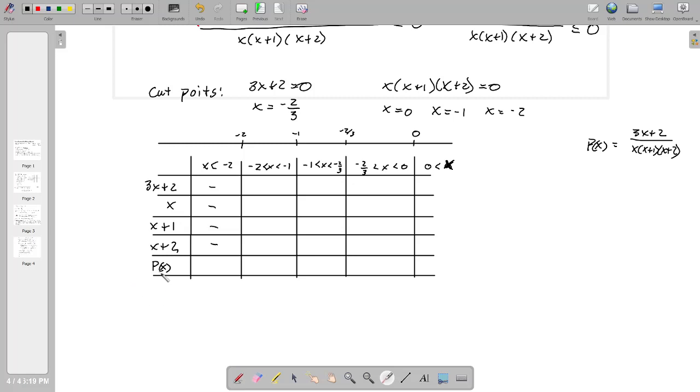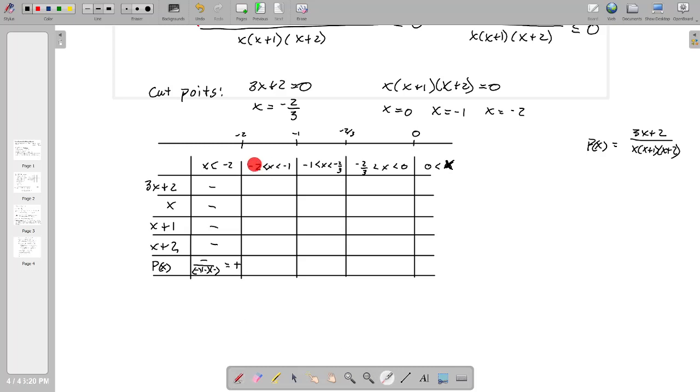So p of x is going to be 3x plus 2, so a negative number, divided by x times x plus 1 times x plus 2, so a negative number divided by a negative times a negative times a negative. I don't care what the values are. I care about the sign. So overall, the numerator is negative and the denominator is negative, so p of x is positive.